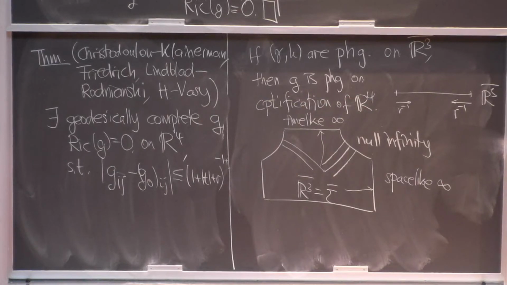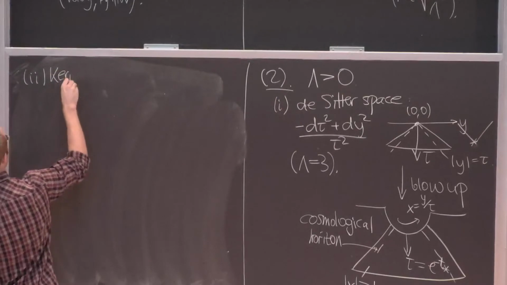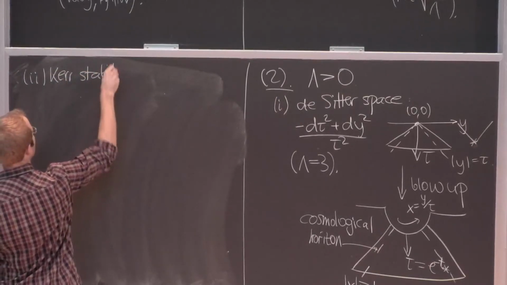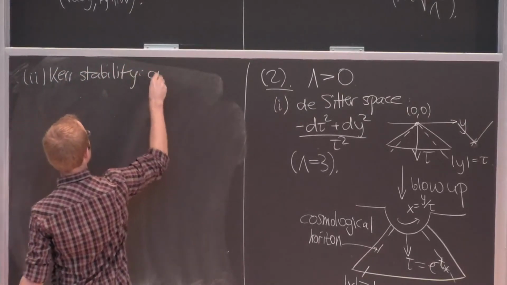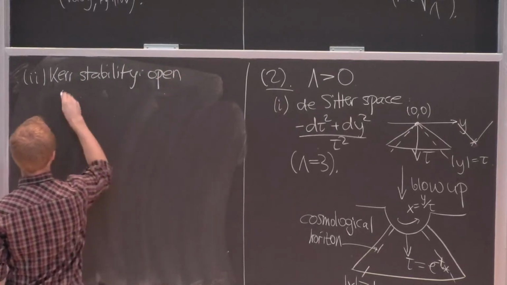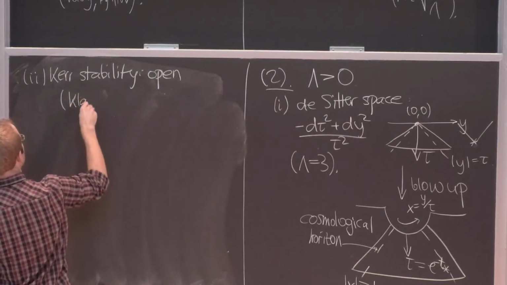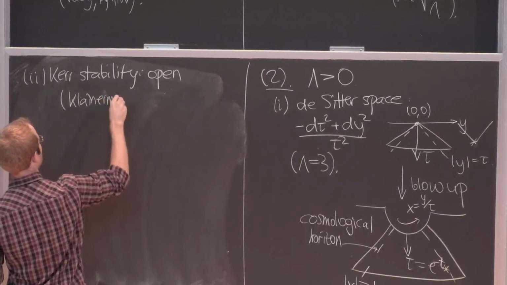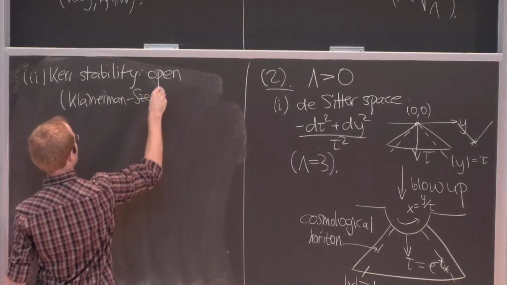All right, now because I'm shorter on time than I thought, the next one up, following my list of spacetimes, would be the stability of the Kerr metric. That's usually just called Kerr stability. And that's still open, though there has been some progress by Klainerman and Szeftel in a special symmetry class.